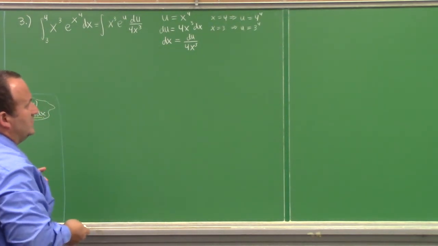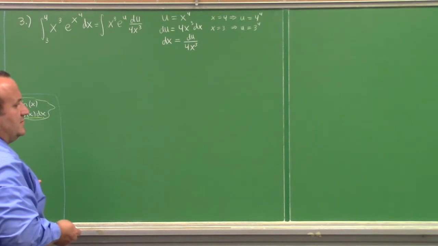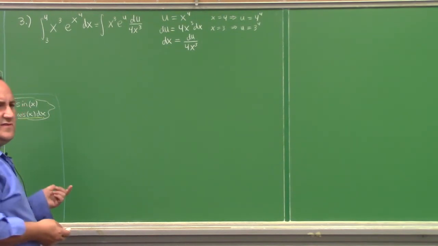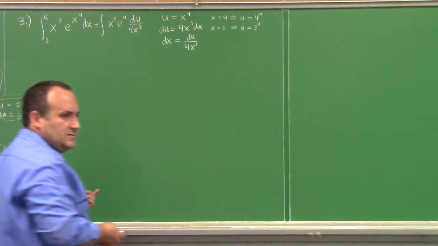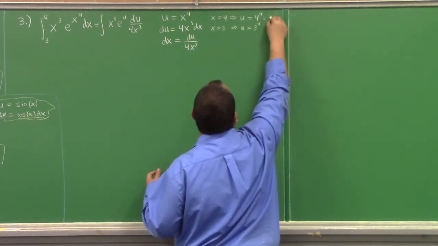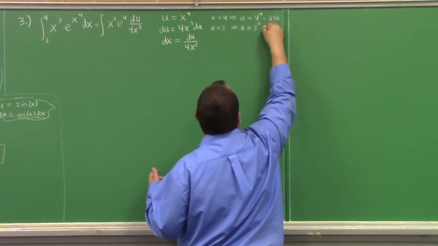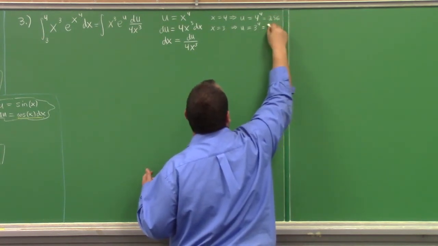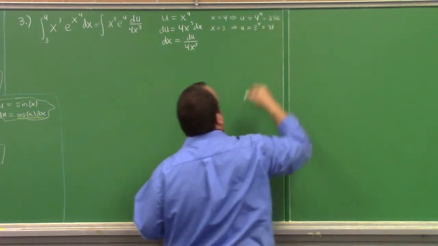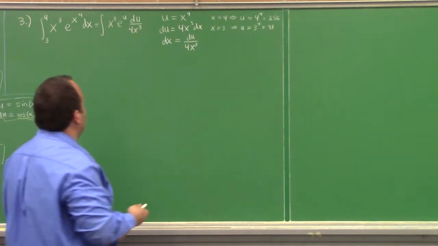No, wait a minute. It's 2 to the 8th. I want to say that's 256, is that right? And 3 to the fourth, well, that's 9 times 9, that's 81. Right? Okay, good.